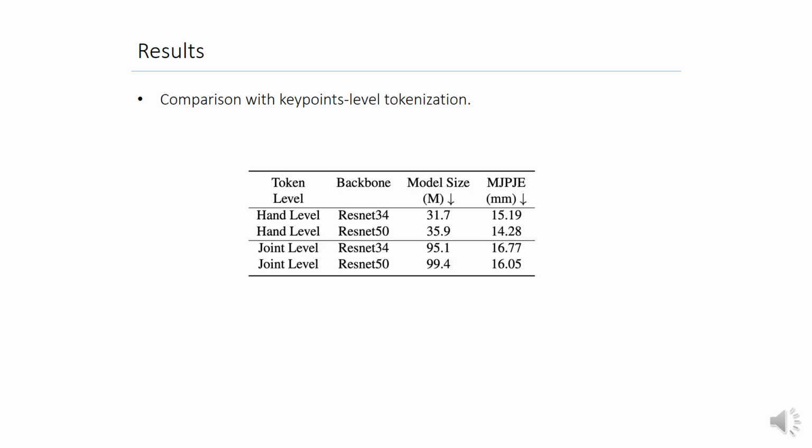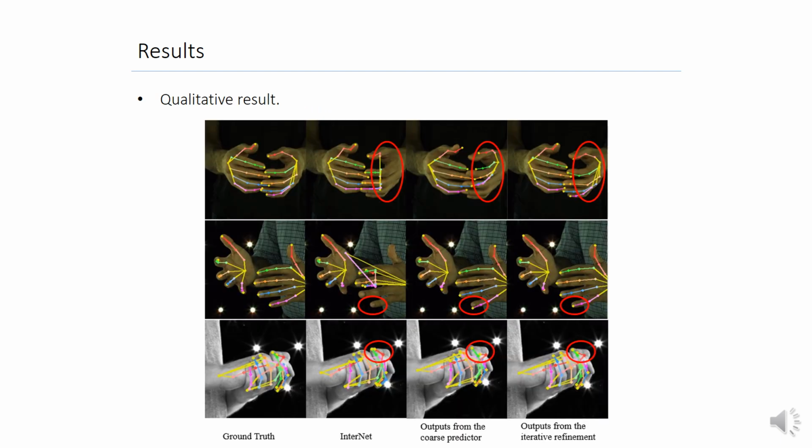Compared to joint-level tokenization, hand-level tokenization is both more lightweight and performs better on the InterHand2.6M dataset subset. We also show the qualitative results. We can see that our method is better than InterNet. Also, the refiner with pose query enhancement is very effective in our model.